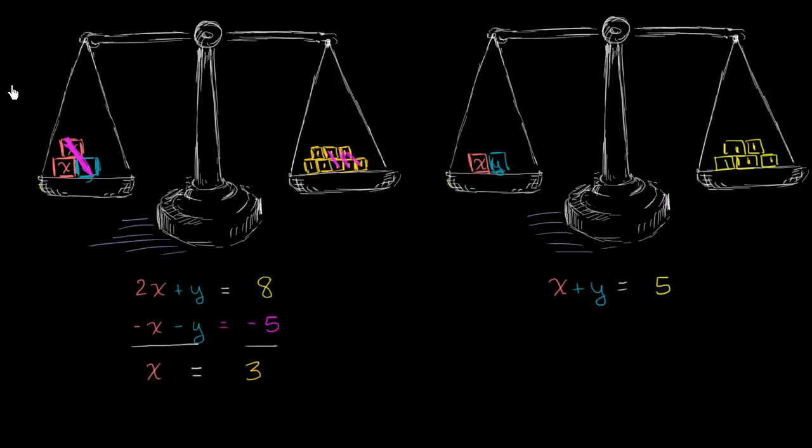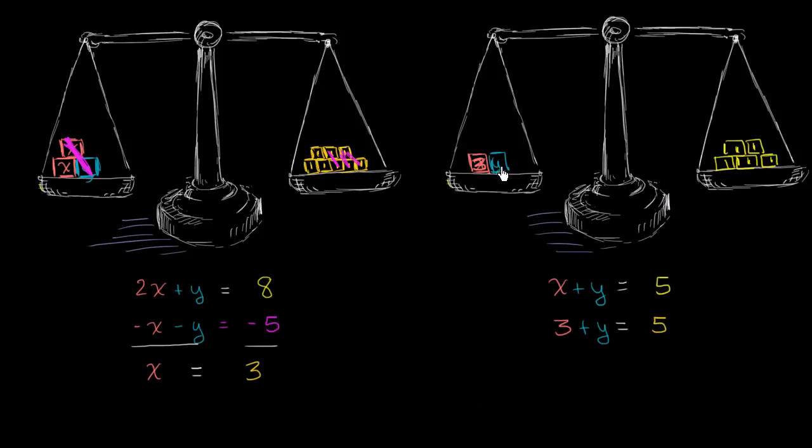Well, we can go back to either one of these scales, but it'll probably be simpler to go back to this one. We know that the mass of x plus the mass of y is equal to 5. One thing we know is that x is now equal to 3. We know that this is now a 3 kilogram mass. We can rewrite this as 3 plus y is equal to 5.